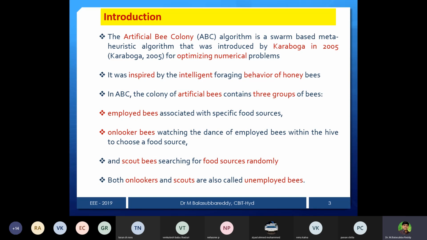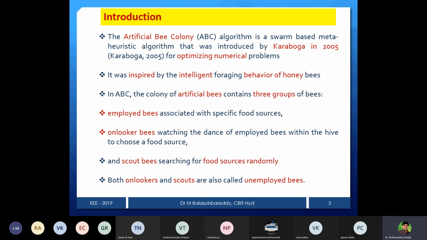Later he identified some mistakes or developments, and finally published another paper in 2007 that I showed you on Springer. It is inspired by the intelligent foraging behavior of honeybees. This is all about honeybees as natural inspiration.